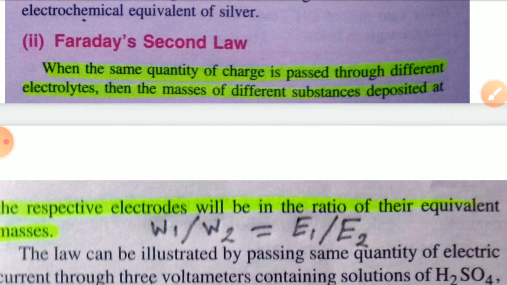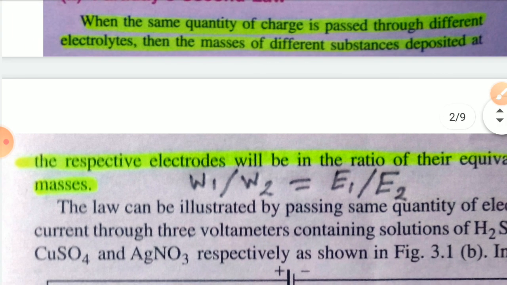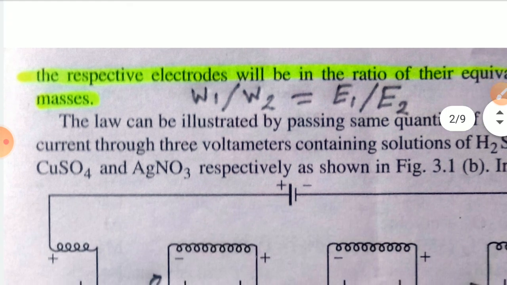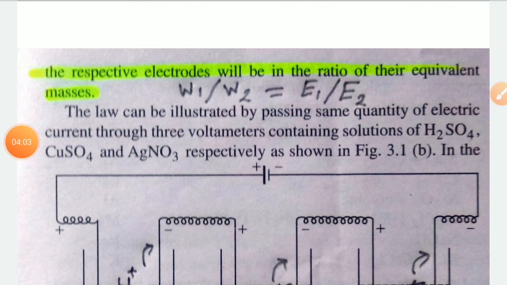Faraday's second law of electrolysis. It can be defined as: when the same quantity of charge is passed through different electrolytic solutions, then the masses of different substances deposited at the particular electrodes will be in the ratio of their equivalent masses.